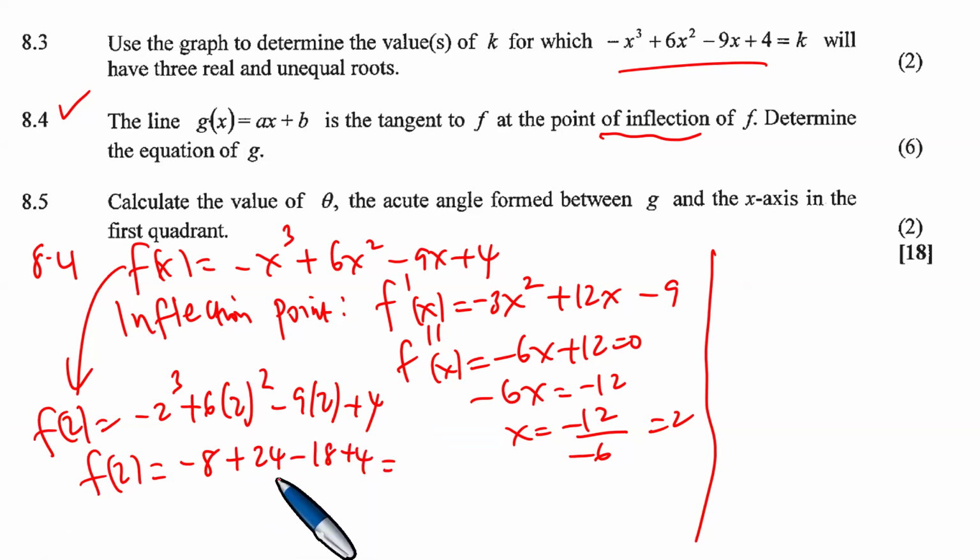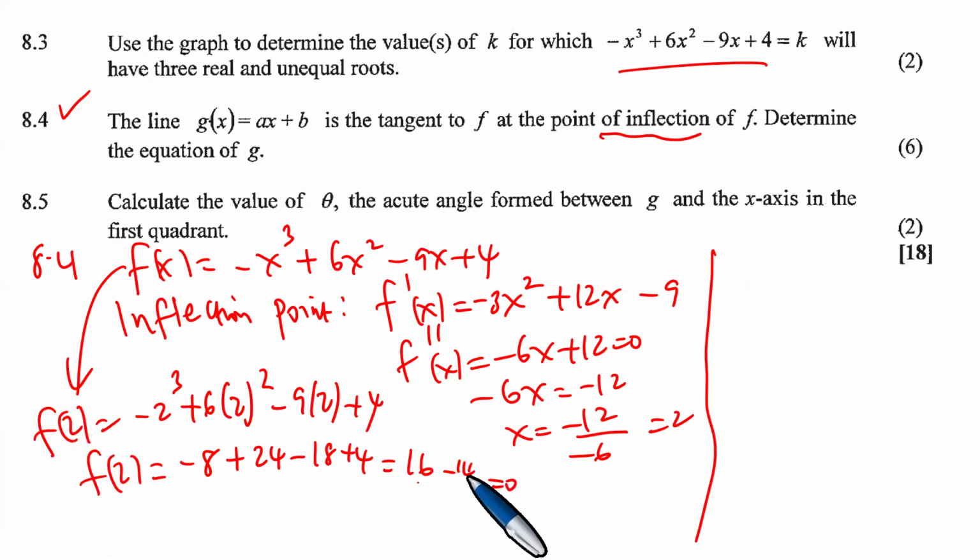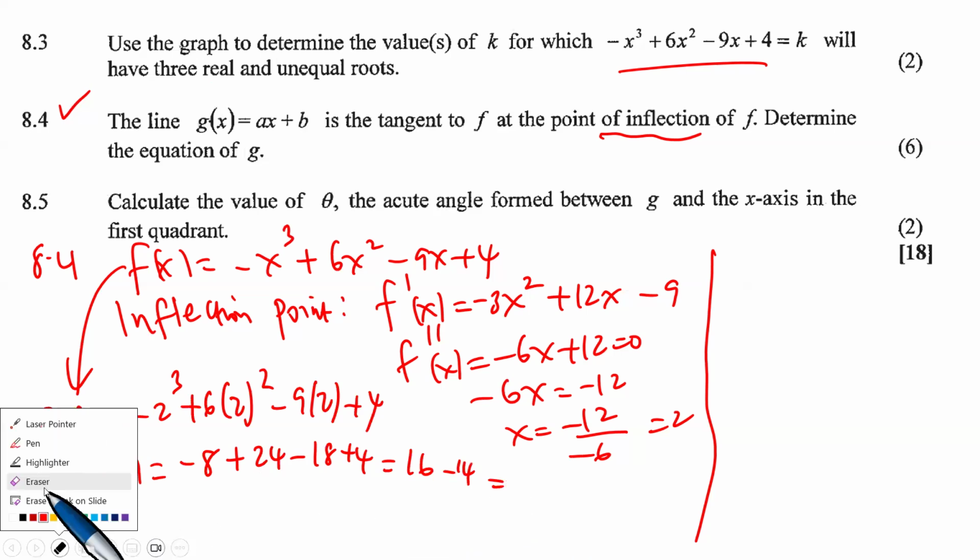Let's see what we have here. This one is 16, and this one is minus 14. So it's 16 minus 14, and 16 minus 14 is actually a 2.